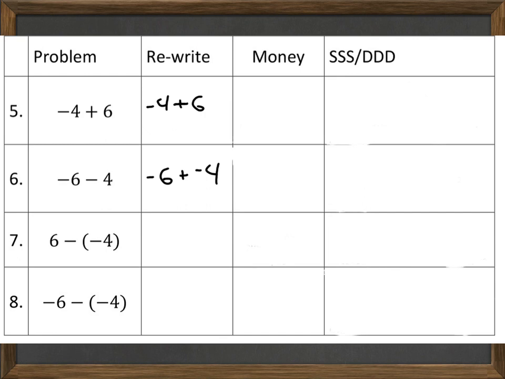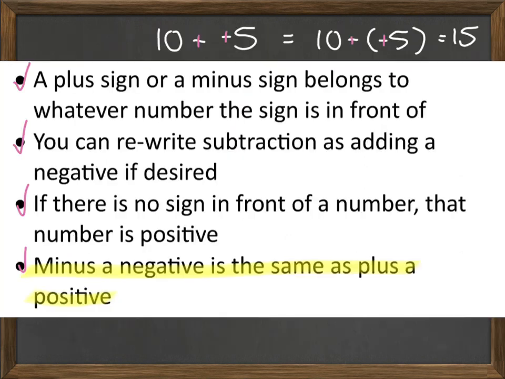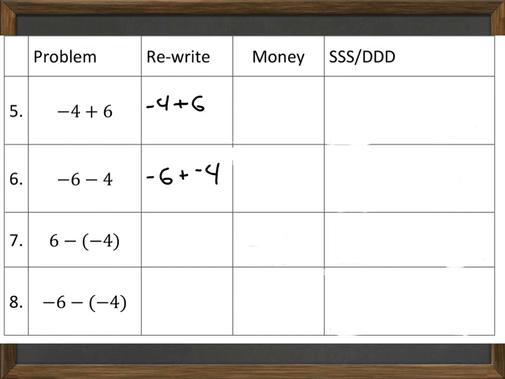The problems where you absolutely do have to rewrite it, though, are number 7 and number 8. Okay, so if we go back a few slides here, remember this last rule, minus a negative is the same as plus a positive, okay? So number 7 is 6 minus negative 4. I don't have an option here.